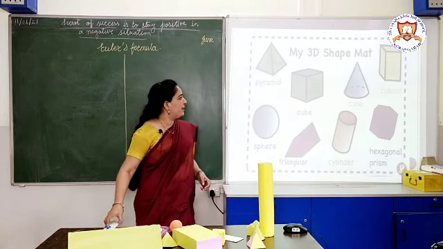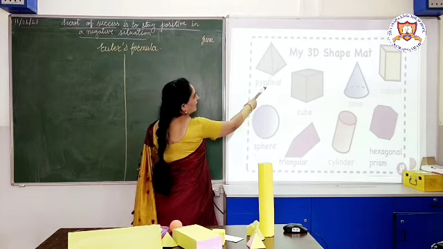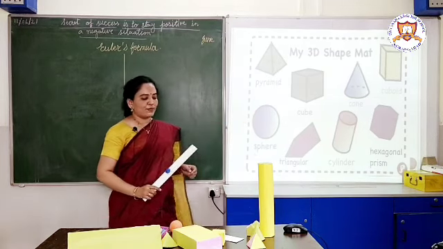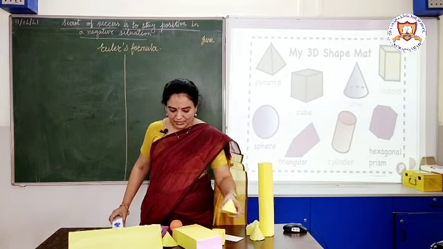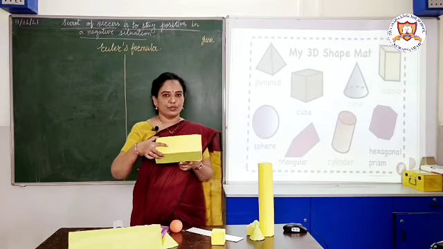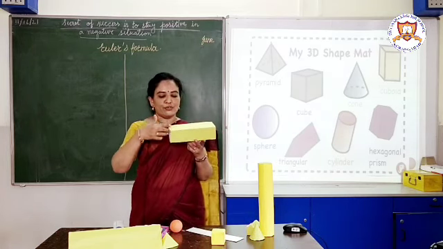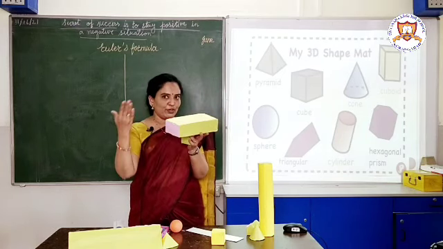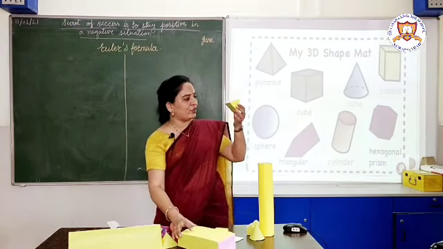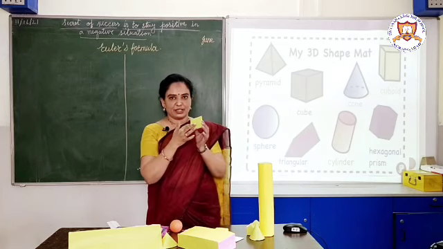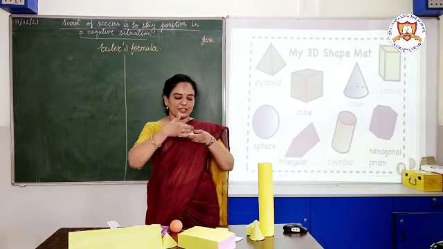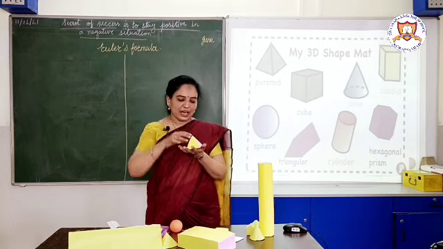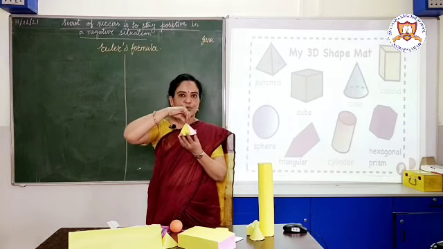Next is the pyramid. If you observe a pyramid, now see, in a cube or cuboid there are 4 different vertices. That we will go for. But here, one face is rectangular and the rest are all triangular, and they are meeting at only one point.